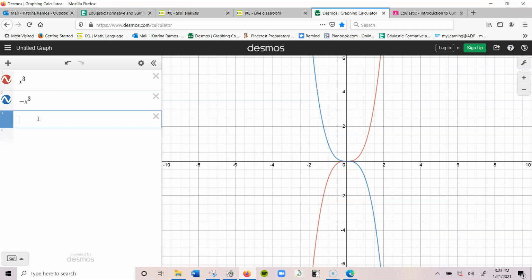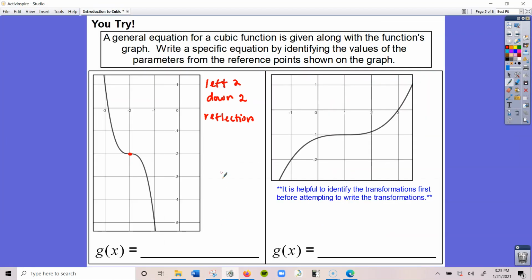Now let's see what happens if I put that negative inside with the x, meaning that there is a reflection across the y-axis. It is the exact same graph. So whether you put the negative on the inside or on the outside, it's the same thing. So we don't have to specify whether there is a reflection on the x or the y. Just know that there is a reflection and we're going to have to include a negative inside of my function.